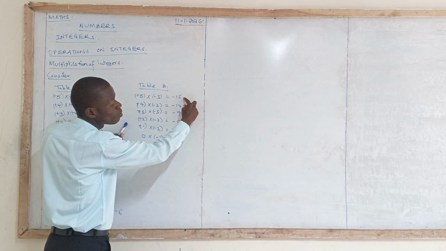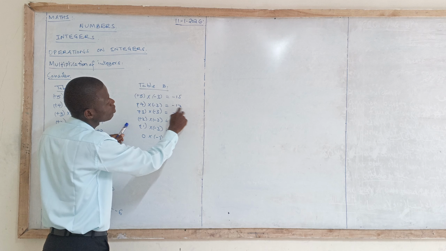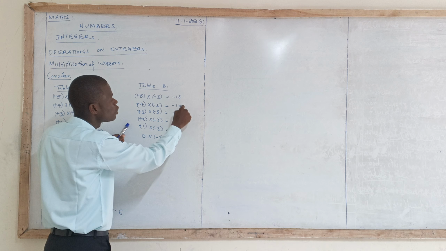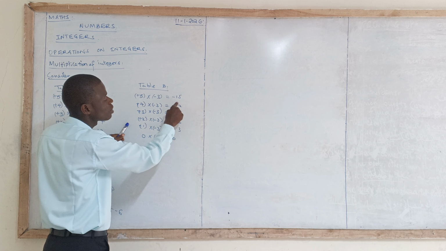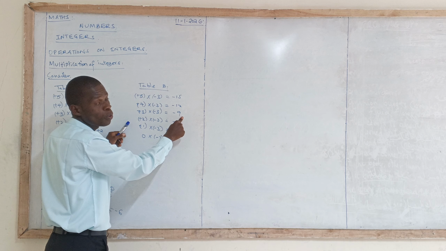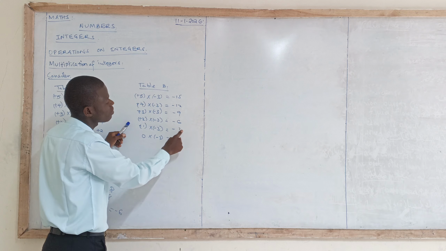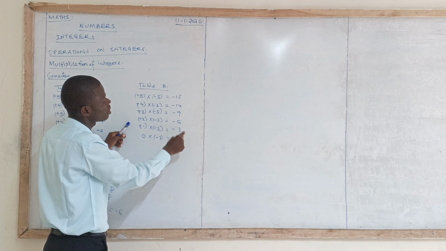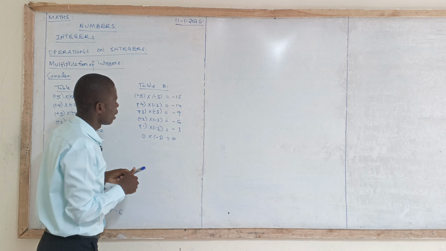We are adding 3 to this, we come to 12. Between negative 15 and negative 12, we have 3. Negative 12 and negative 9, we have 3. Negative 6 and negative 3, we still have 3. Negative 3 and 0, we still have 3.